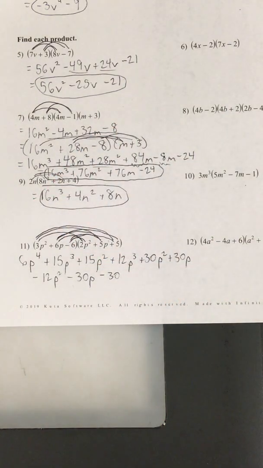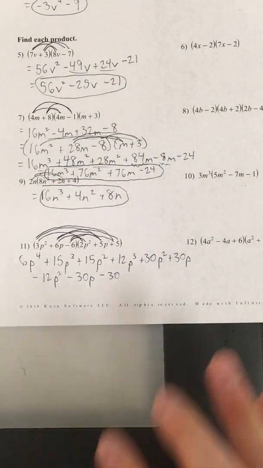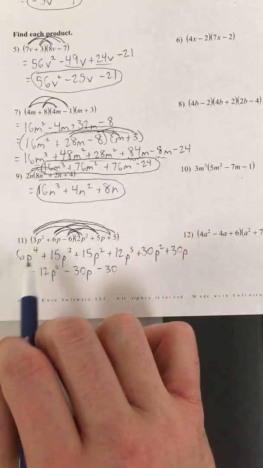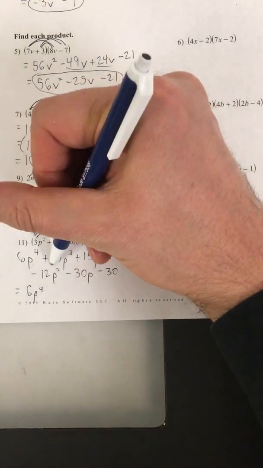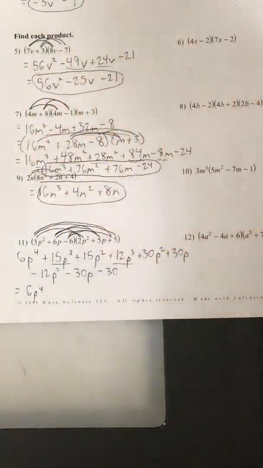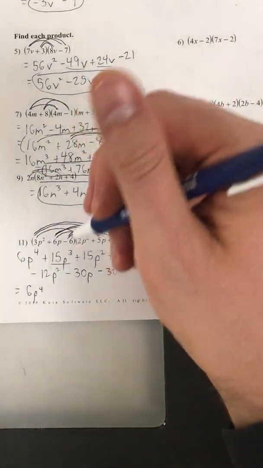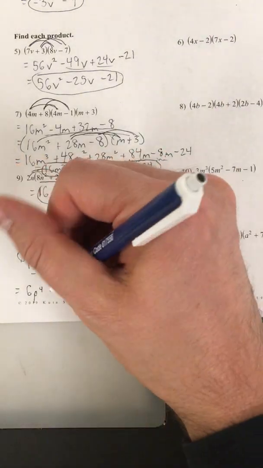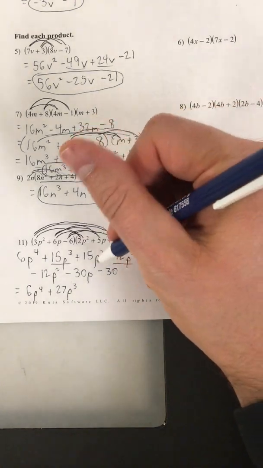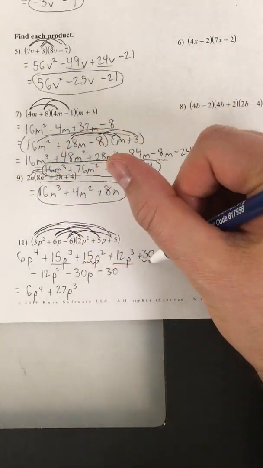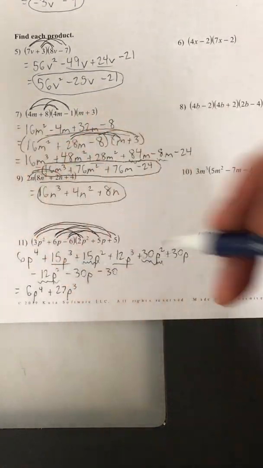So this is a big nasty mess, but let's see if we can combine some like terms. I don't see anything to combine with 6p to the 4th, so final answer going to have 6p to the 4th in it. Here's a 15p cubed, here's a 12p cubed. We can combine those together, that's going to give us 27p cubed. And then let's see, I see a 15p squared, a 30p squared, and a minus 12p squared.